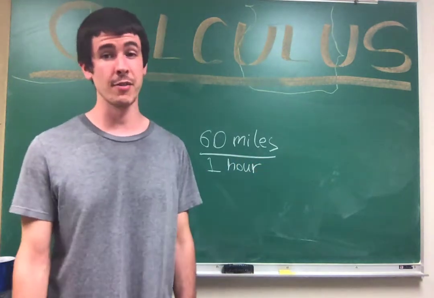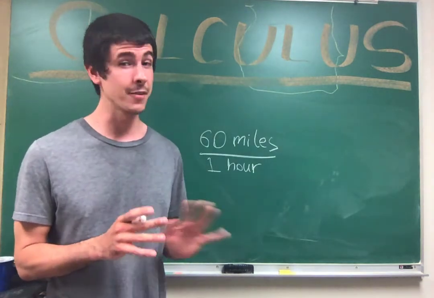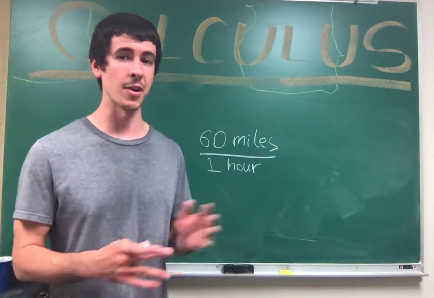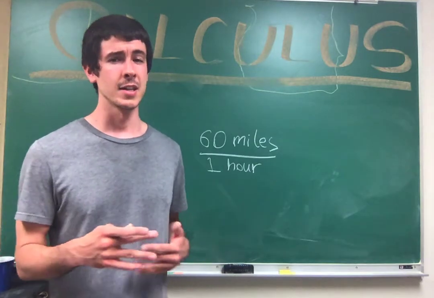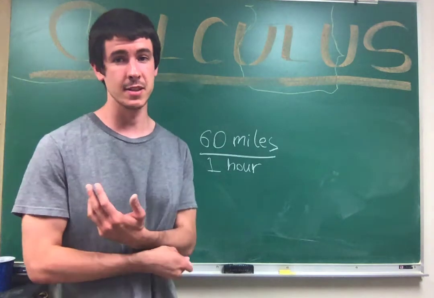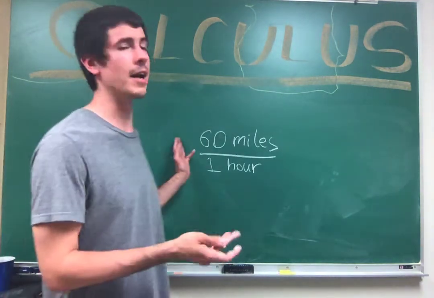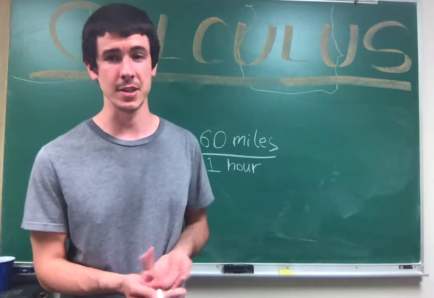Now, of course, if you drive for an hour, maybe you have the cruise control on, but even if you do, it's not going to be perfectly 60 miles an hour. Your speed's going to be varying, and you could have stoplights, you could have all sorts of reasons to not have the cruise control on. So how do you measure this if you're not actually going 60 miles?